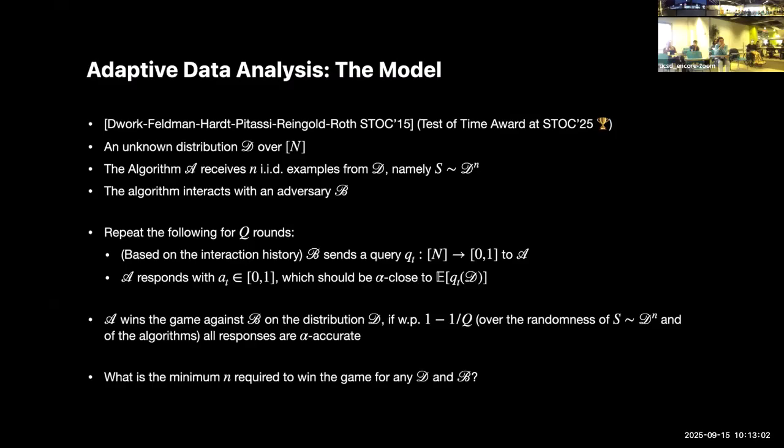Here we are really interested in information theoretical questions, so we cannot assume any computational upper bounds on both the algorithm and the adversary side. We just ask what is the minimum number of samples required to design an algorithm that can win the game against any possible adversary and on any possible distribution. For the purpose of worst case analysis, you can also assume the adversary actually has knowledge of the distribution D, and you just want to trick the algorithm to make it fail.